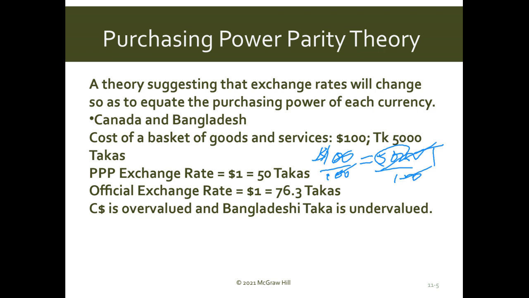So if you convert Bangladesh's GDP per capita in terms of US dollar using official exchange rate, Bangladesh's GDP per capita would be slightly lower. Why? Because you are using official exchange rate that tells you that the Bangladeshi currency taka is undervalued, and therefore the value of the GDP per capita in terms of US dollar would be slightly lower.